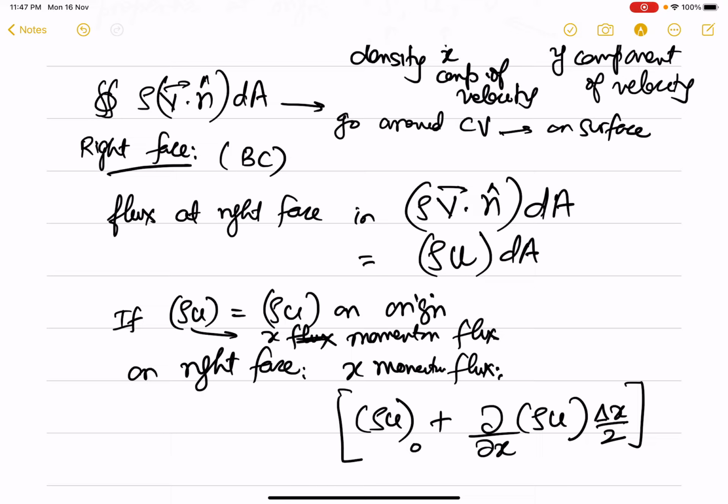And to calculate rho v dot n dA on the face BC, this will be multiplied by the area, which is delta y times 1.